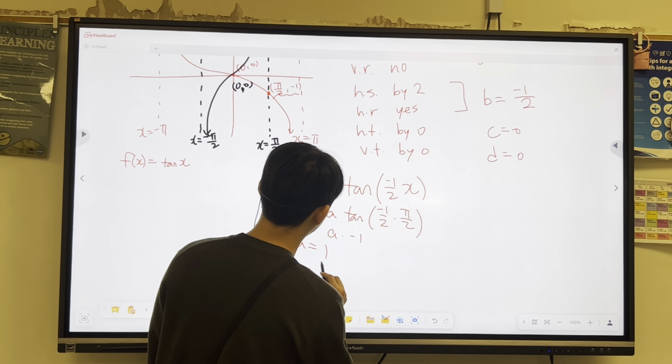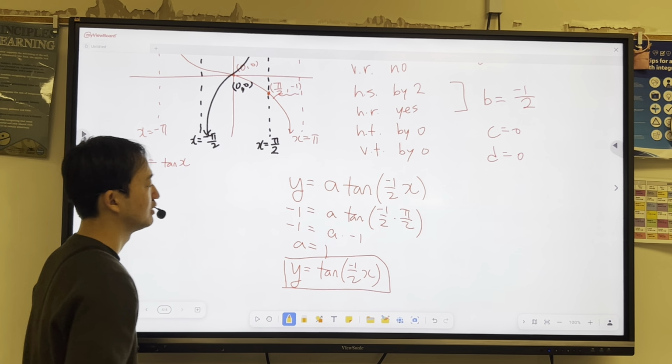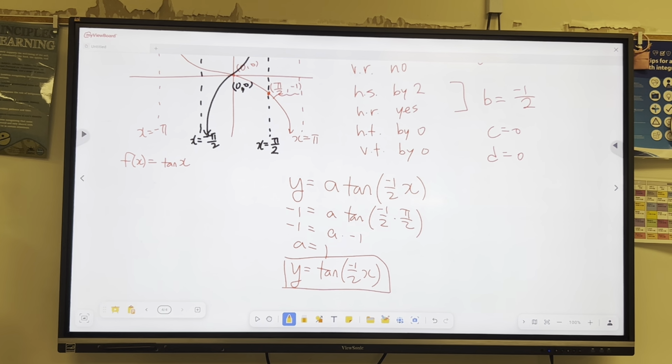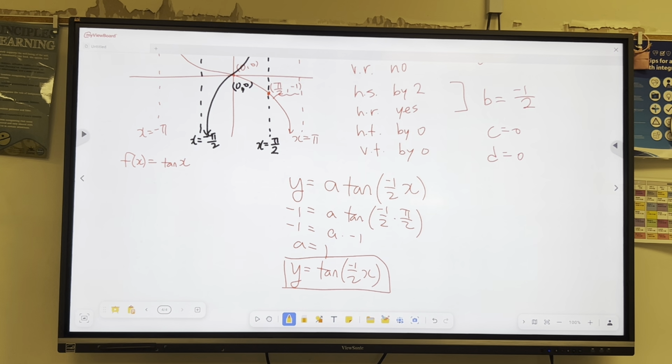So my final equation is just y equals tangent of -1/2 x. Any questions about this process here?